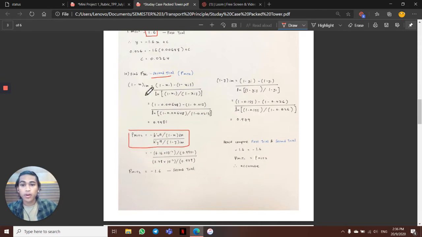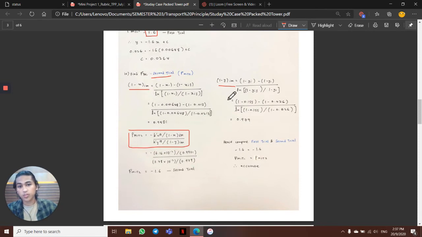Alright, so from this formula, to find 1 minus x im, we will use this formula: 1 minus xi minus 1 minus xi1 over ln in bracket 1 minus xi over 1 minus xi1.